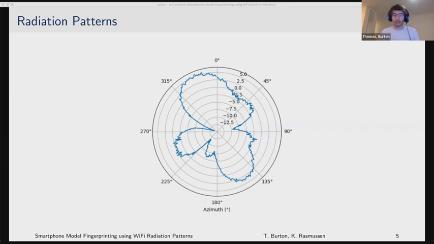So we can represent radiation patterns in several different ways. We use directivity, kind of a similar idea to gain, but gain, for those familiar with it, includes directivity and also some electrical efficiency calculations. Directivity is the ratio of the radiation intensity in a given direction from the antenna to the radiation intensity averaged over all directions. If you look at the slide, this is just a 2D measurement of a radiation pattern from a Samsung A50 smartphone.